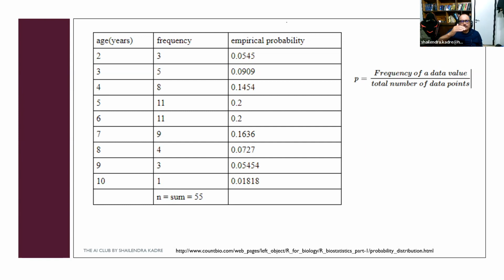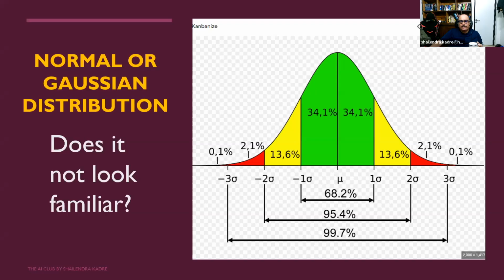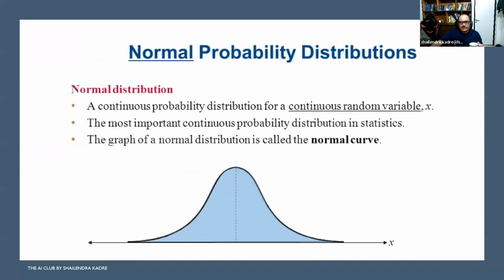What is the probability of getting a child between 4 and 8? A student less than 8? A student with age more than 8? These kinds of questions you can answer with the help of this normal distribution. We'll see shortly how.